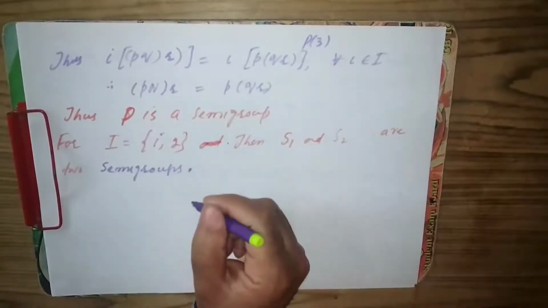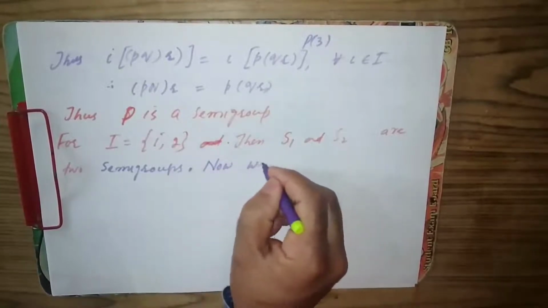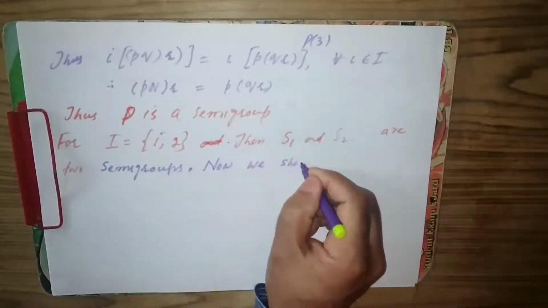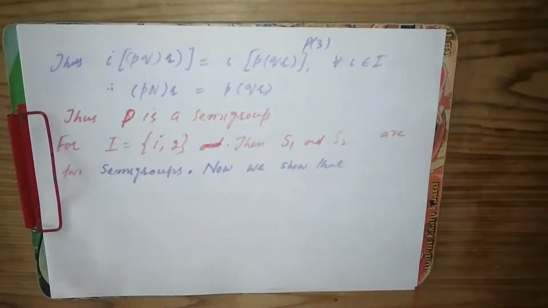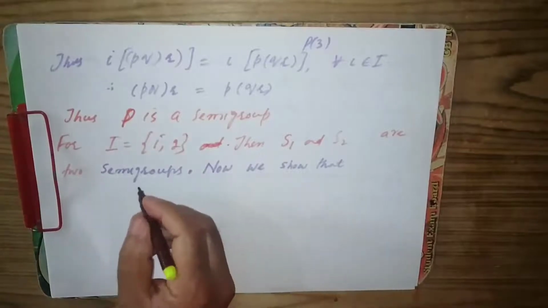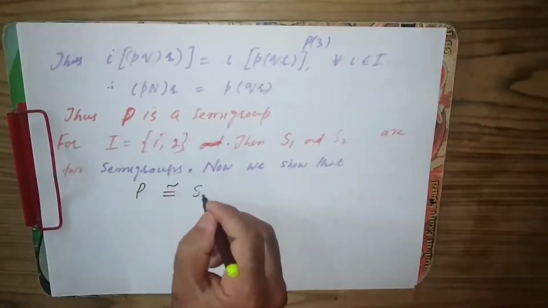Now we show that P is isomorphic to S1 cross S2.